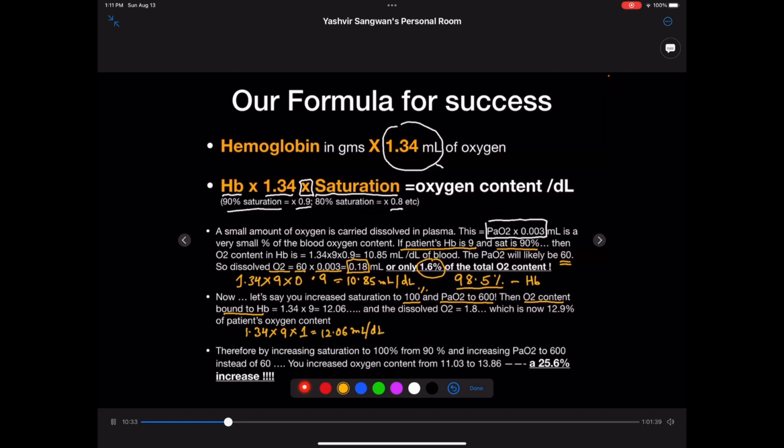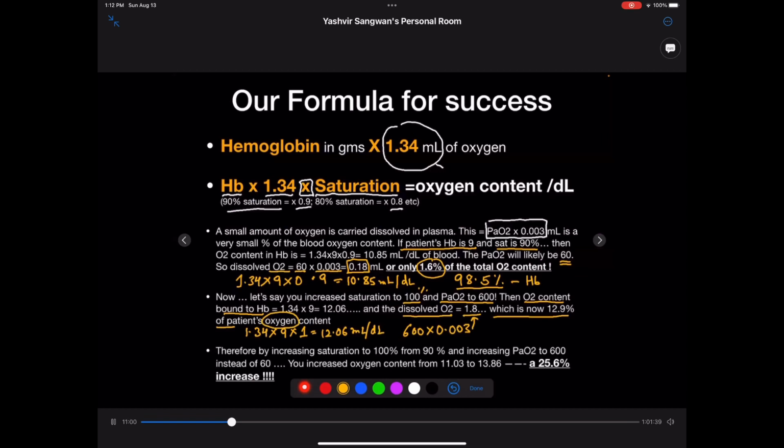But the dissolved oxygen in this case will be 600 times 0.003, which comes to 1.8, which is now 12.9% of the patient's total oxygen content in the arterial blood.